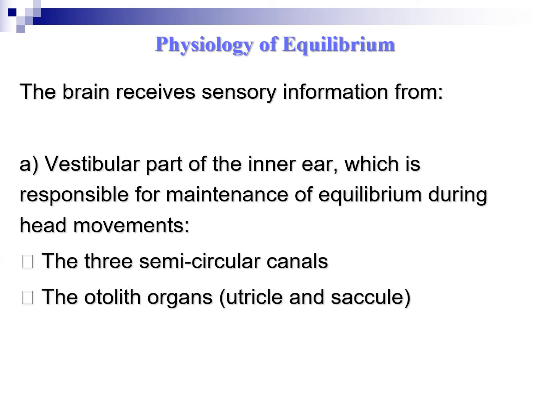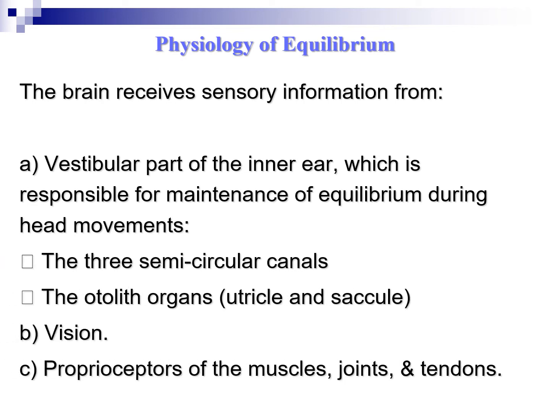And when it comes to the physiology of equilibrium, it is a three-staged process. The first stage is the sensory information coming from the vestibular part of the inner ear, which is responsible for maintaining equilibrium during head movement, and this is composed of the three semicircular canals and the otolith organs, which are the utricle and saccule.